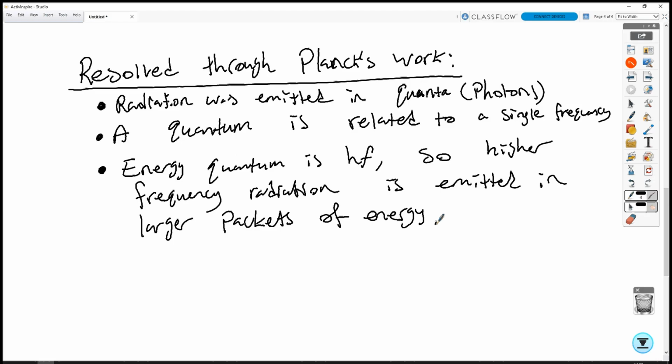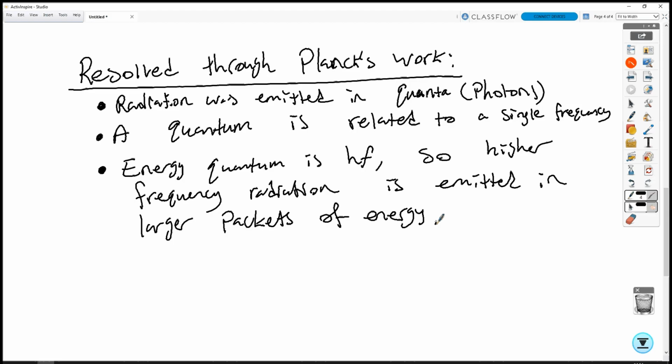In reality, the experiment showed it wasn't. Work on quantum physics and quantum mechanics then changed the model of light from electromagnetic radiation to the photon model, so in energy packets. And if emitted in energy packets, then energy was related to the frequency.